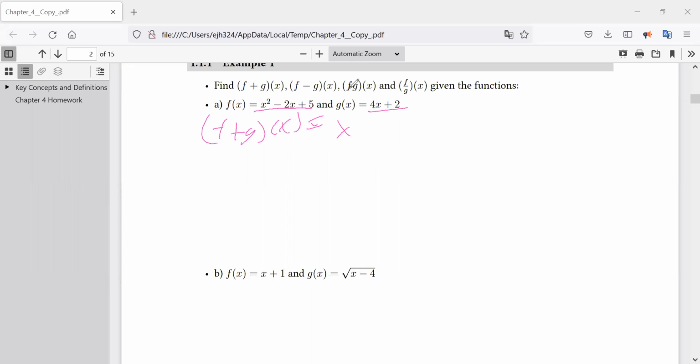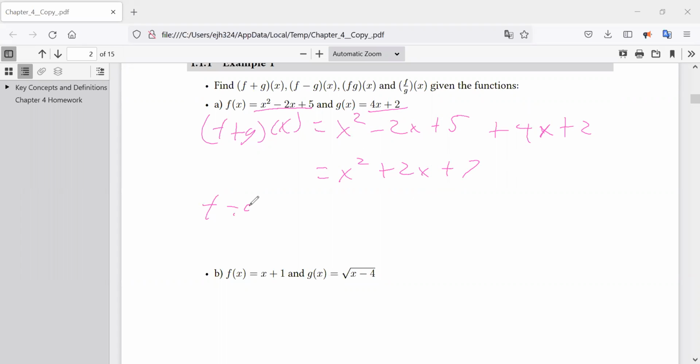So we have x squared minus 2x plus 5, and then we have plus 4x plus 2. So this is equal to x squared plus 2x plus 7.